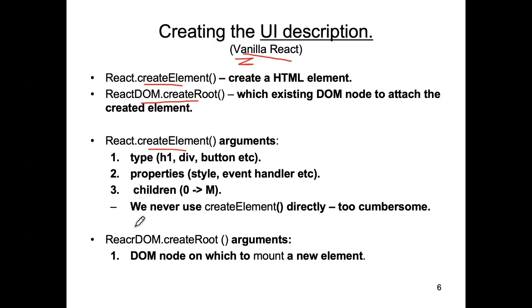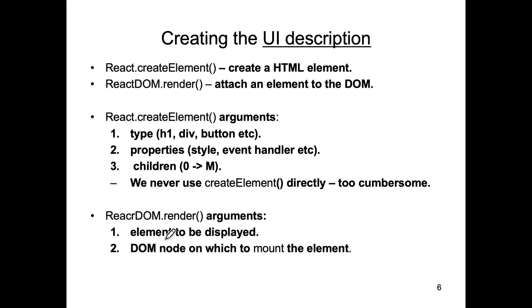The ReactDOM.createRoot method, what I said was the purpose of that was to associate a new element that we created with this method, to attach it to the DOM. And so you somehow, and we'll see in a second, tell it which current DOM node you want to attach your new element to.